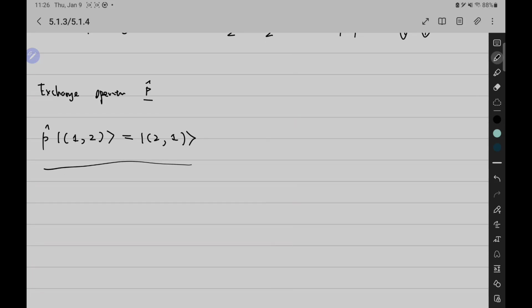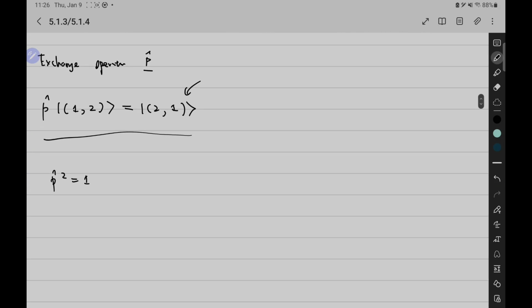So clearly, the exchange operator squared is going to be 1, right? Because when you apply the exchange operator to (1, 2), it becomes (2, 1). Then if you apply the exchange operator to (2, 1) again, it goes back to (1, 2). So when you apply the exchange operator 2 times, or square it, it's going to be equal to 1. So there's no change.